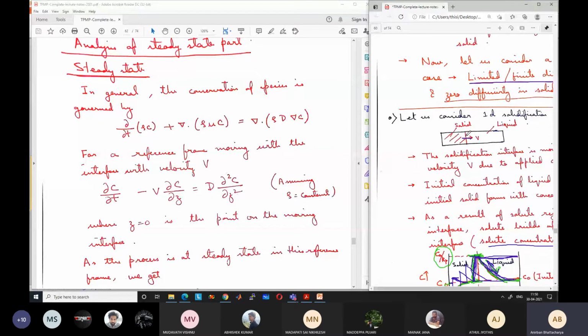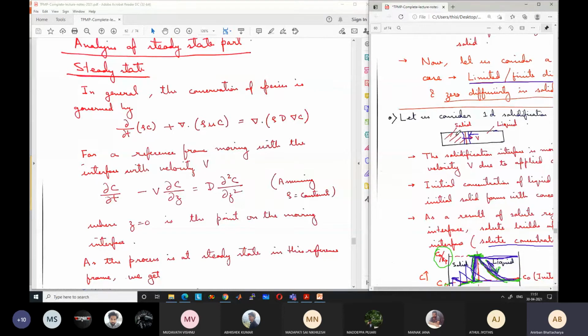But the liquid comes with a minus v velocity, from the right to the left side, gets solidified and goes out with minus v velocity. So from a moving reference frame, the solidification interface is fixed, but the liquid comes in with minus v velocity and goes out with minus v velocity.